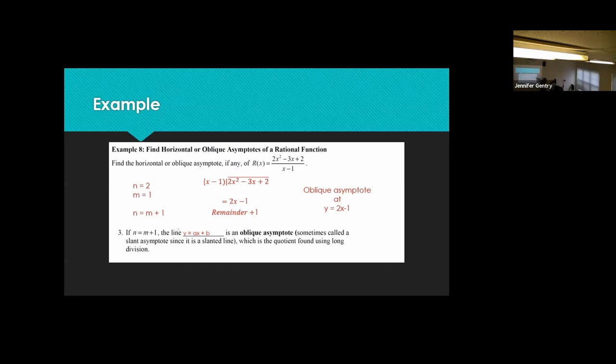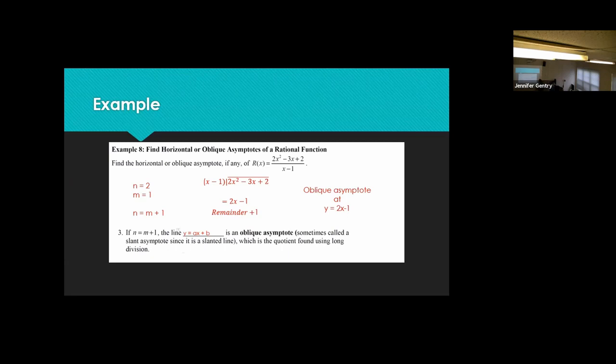So we have an oblique asymptote at y equals 2x minus 1. Okay? It's as simple as that. Look in that table. Look at your n and your m. You'll find out what you need. Does that make sense? Kind of, maybe, sort of.